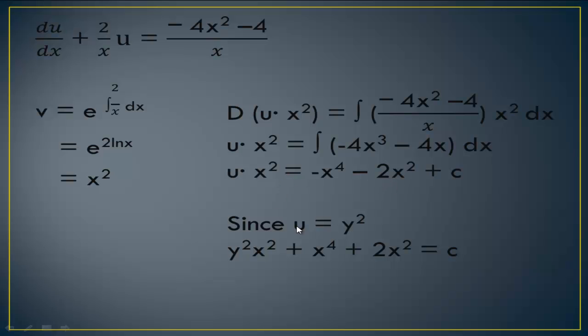But since u is equal to y squared, we will obtain the equation y squared x squared plus x to the 4 plus 2x squared is equal to c.